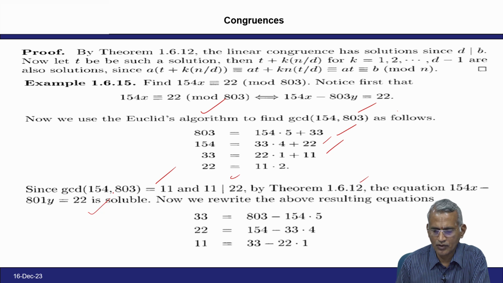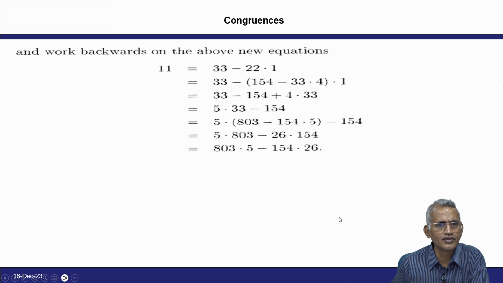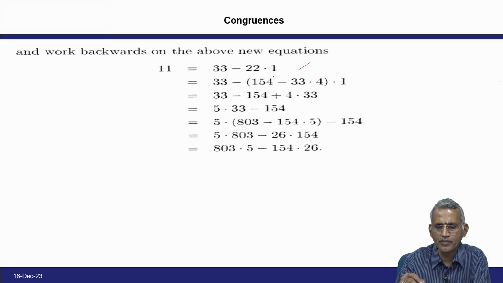Now, we rewrite the above equations: 33 can be expressed as 803 minus 154 into 5, 22 can be expressed as 154 minus 33 into 4, and 11 can be expressed as 33 minus 22 into 1. So, we work backwards on the above equations: 11 equal to 33 minus 22 into 1, and then 22 can be expressed as 154 minus 33 into 4, so 11 equals 33 minus (154 minus 4 into 33).